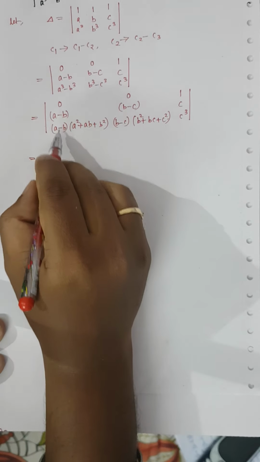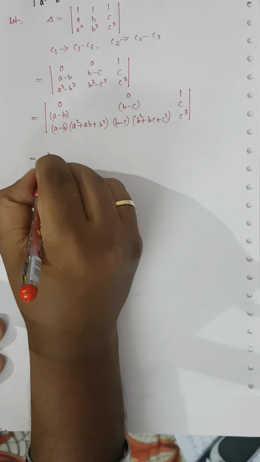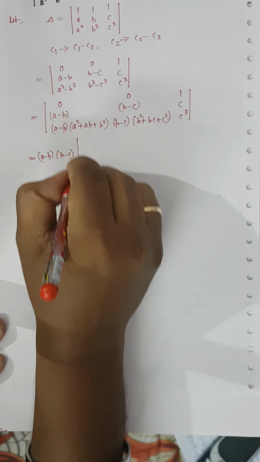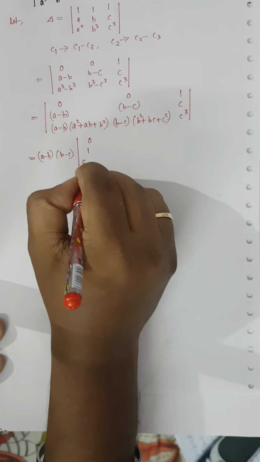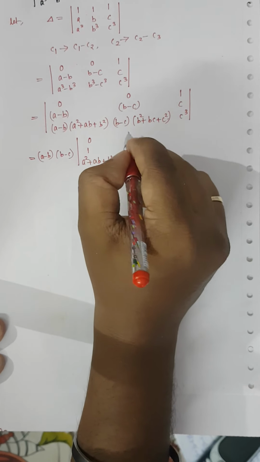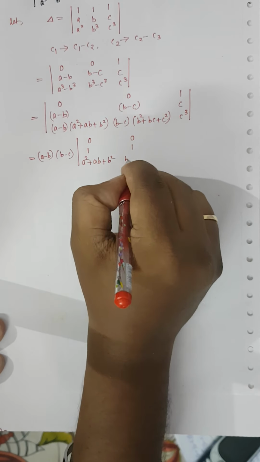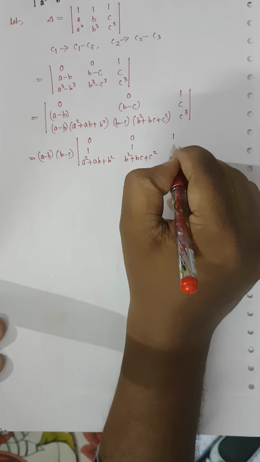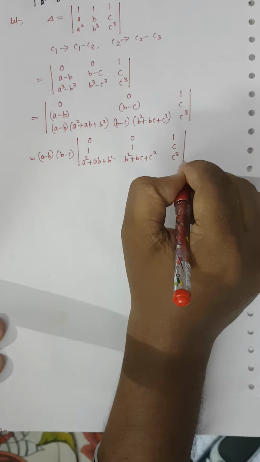From column 1 and column 2 we can take factors a minus b and b minus c common, so it is 0 1 a square plus ab plus b square. For column 2 it is 0 1 b square plus bc plus c square, 1 c c cube.